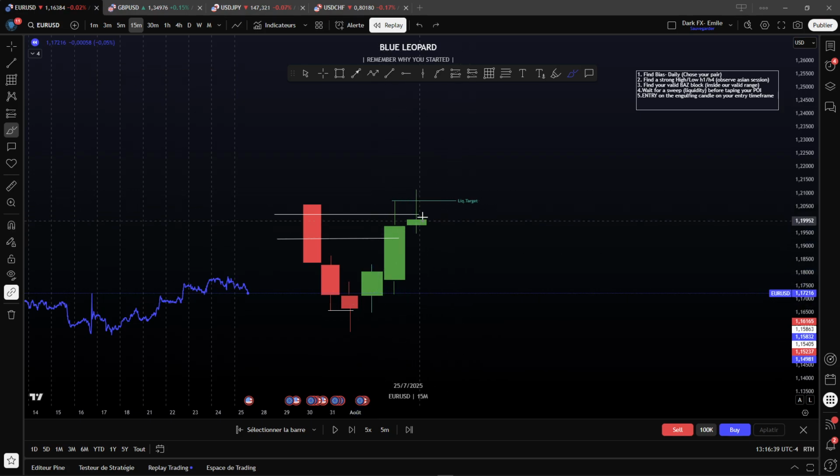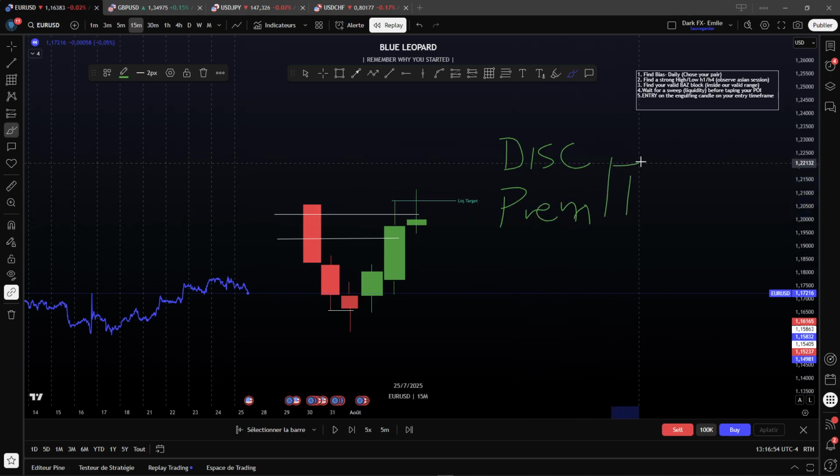Every time we ask ourselves, where are we according to the direction? The daily bias, into the discount or the premium zone, watching our point of interest, which is a fair value gap, and our supply and demand on a higher time frame.